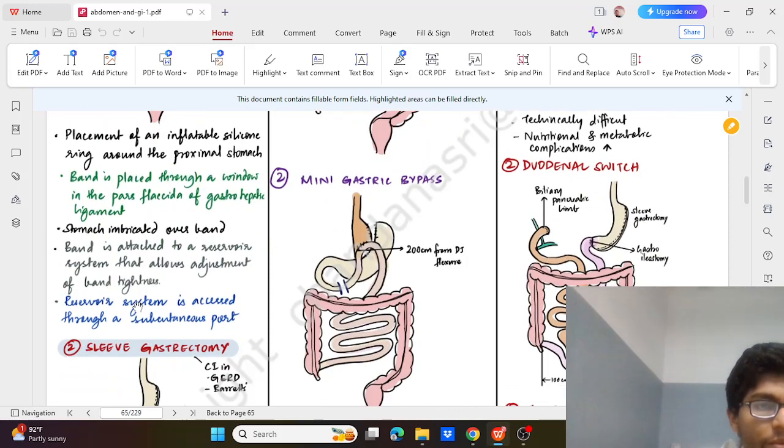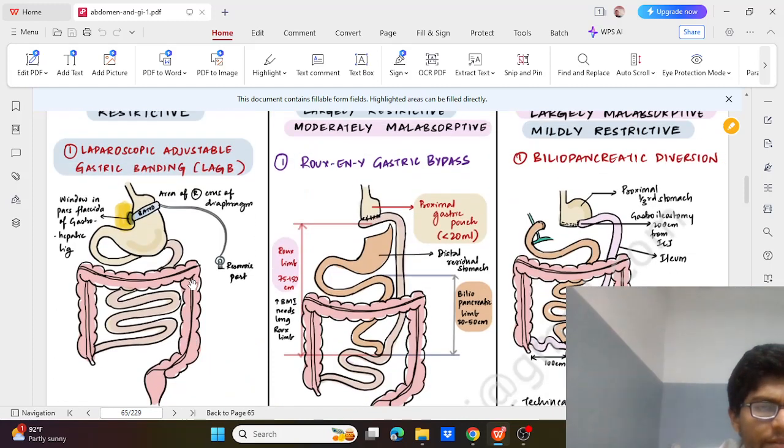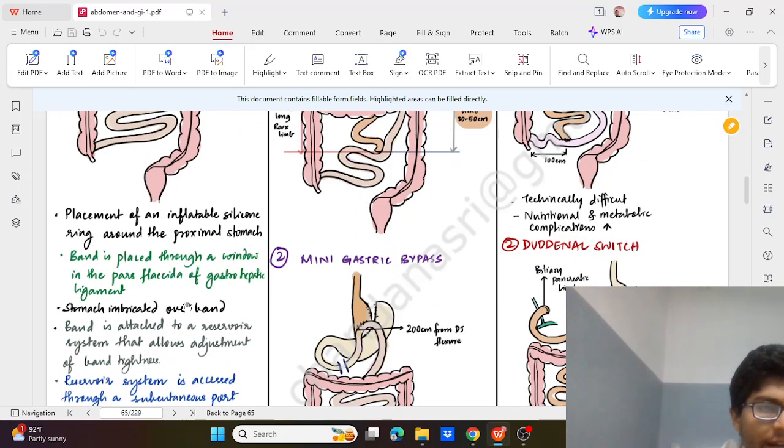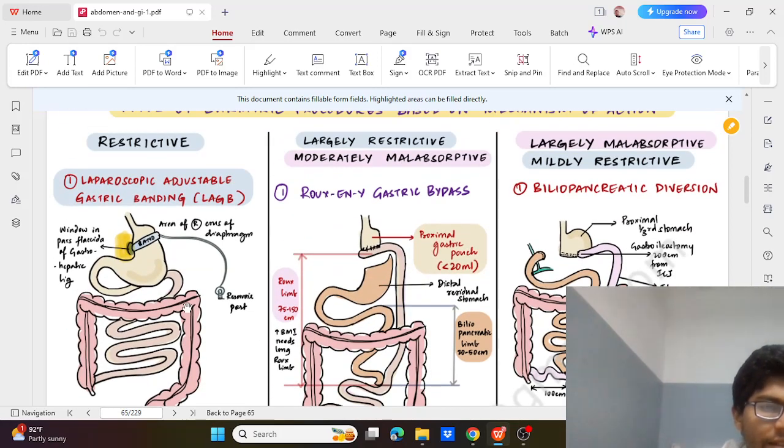Stomach is imbricated over the band and the band is attached to a reservoir system that allows adjustment of the band tightness, and this has access through the subcutaneous port. In this manner we can control the tightness of the band through the reservoir port and adjust the size of the stomach.